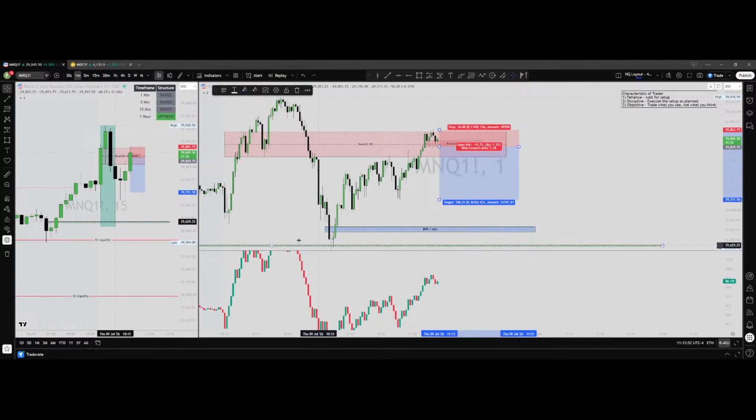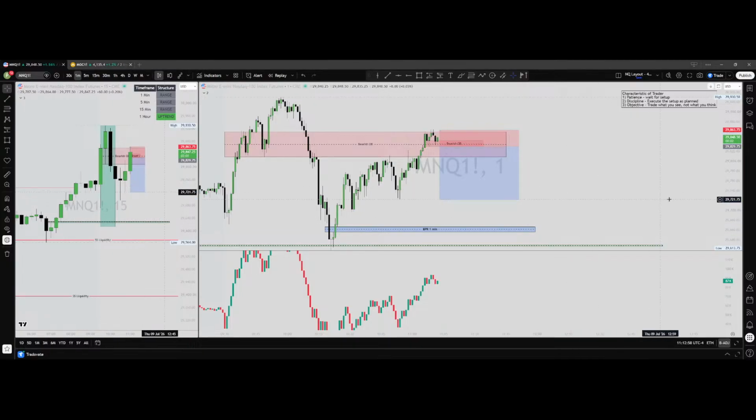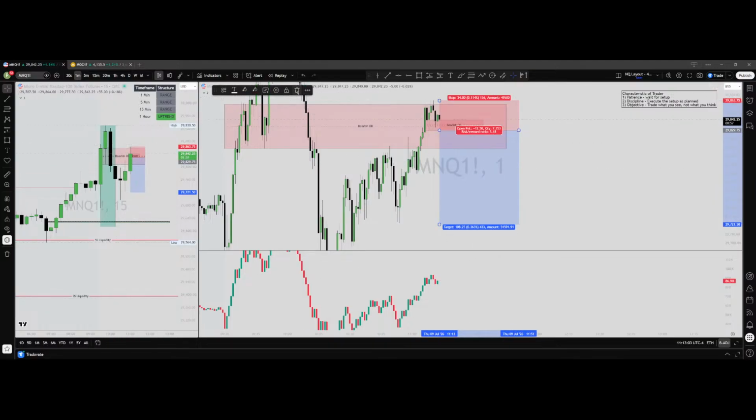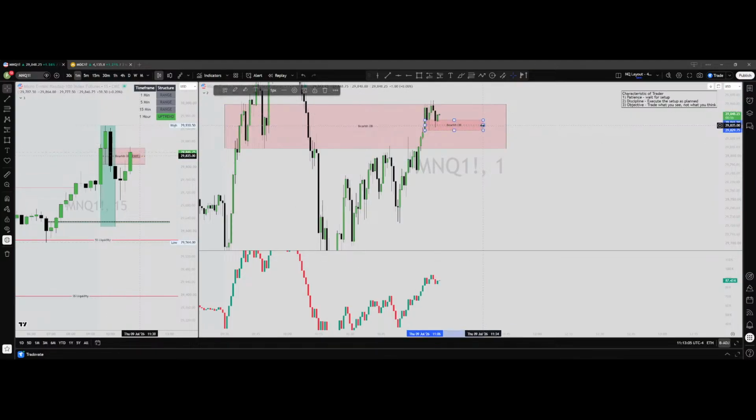Still not the best trade. Okay, now we have to wait for another signal.